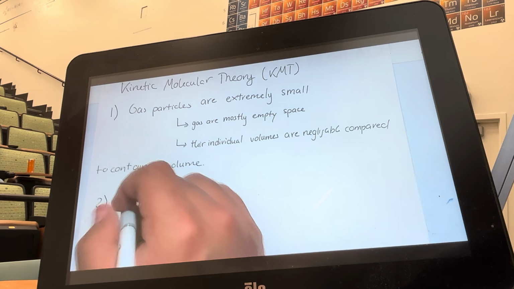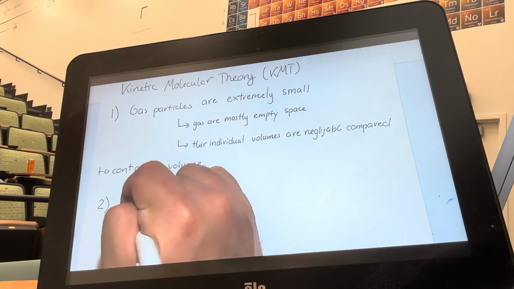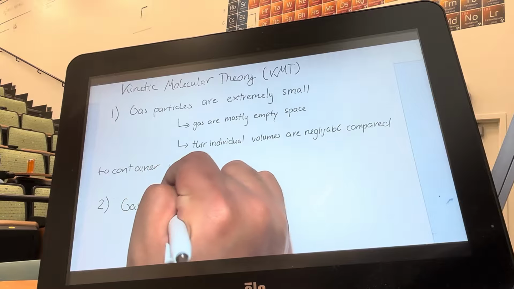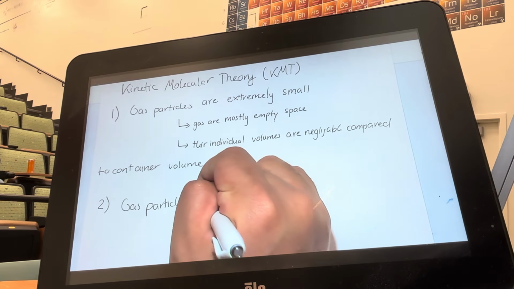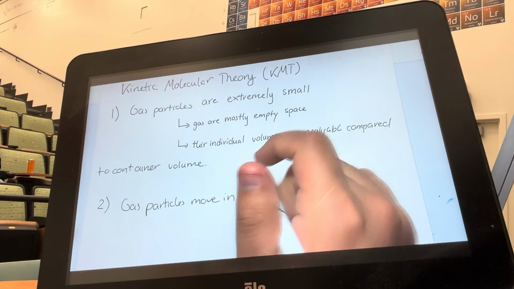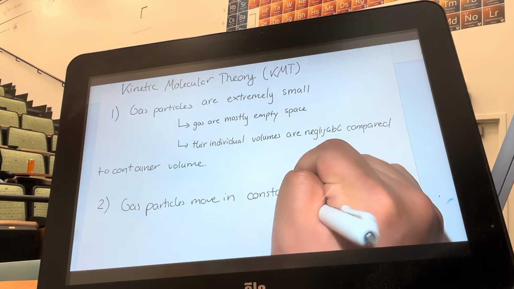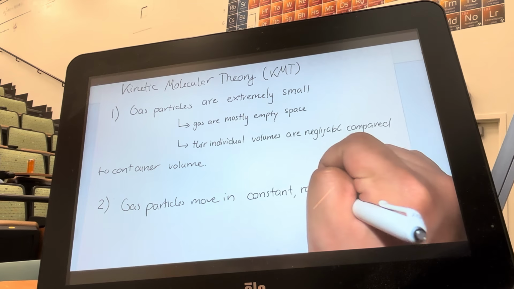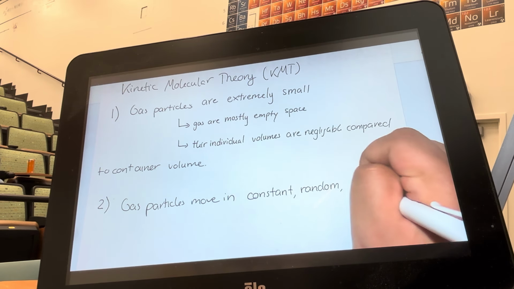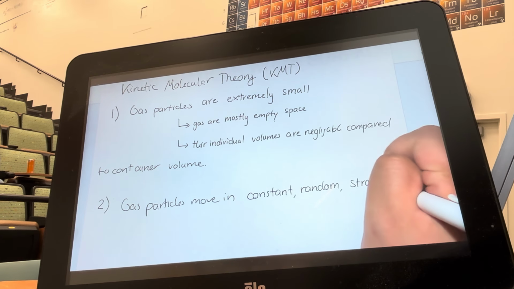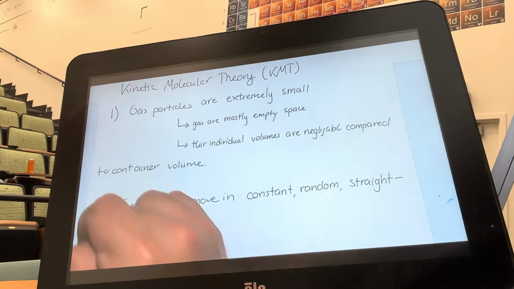Number 2, gas particles move in constant, random, and straight line motions.